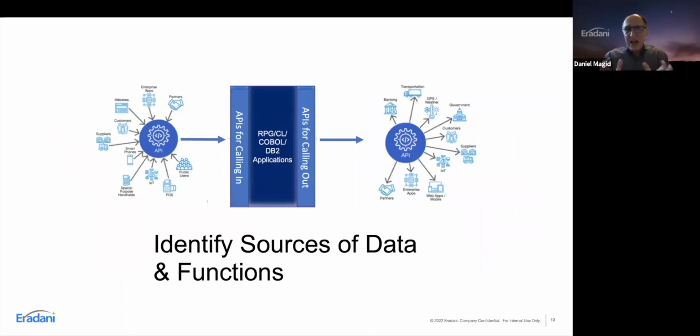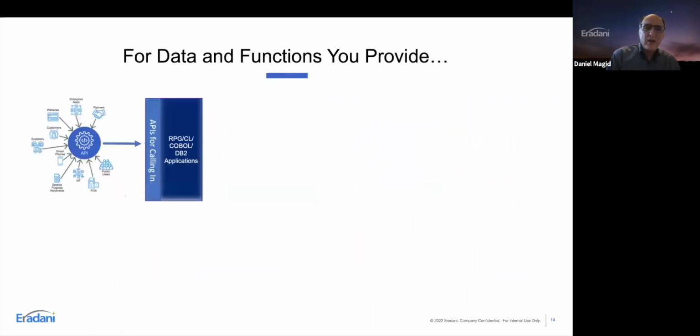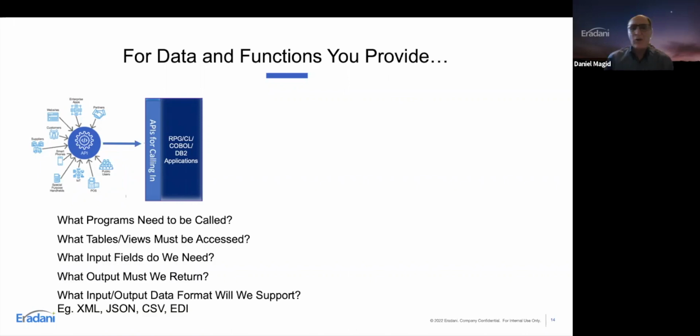So once you've decided on the use case, you have to figure out, okay, where is the data? Where are the functions that I'm going to provide? Whether you're providing APIs for people who are calling in, or you are calling out to APIs, you need to think about where the data and the functions are.